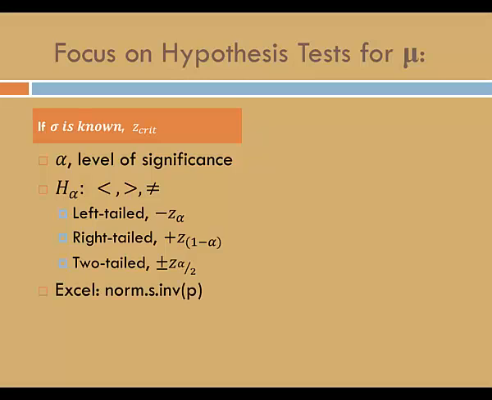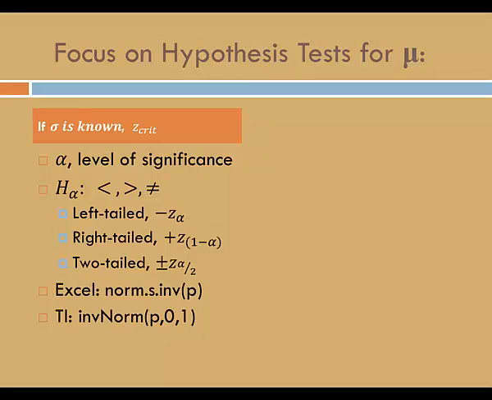To find the critical values, we can use technology. In Excel, we'll use the norm.s.inverse function. The parameter is p. That will either be alpha or alpha over 2, depending on whether we are conducting a one-tailed or two-tailed test. If you're using a TI calculator, the function is inv norm.